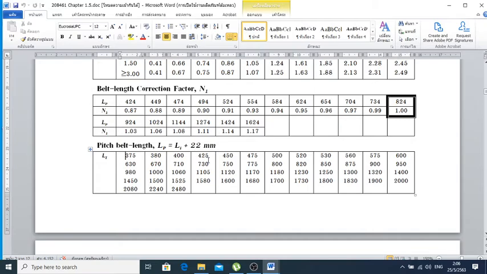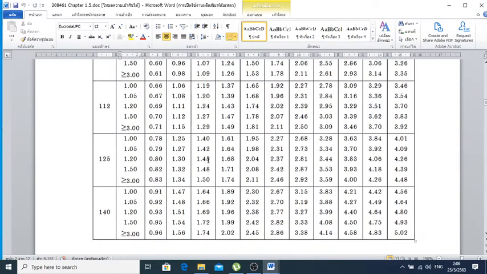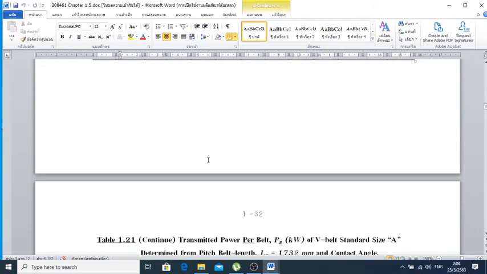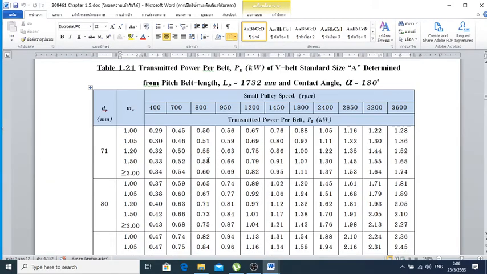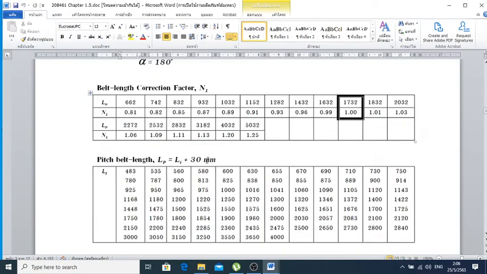This is the same, but the characteristics are different. For the A size, for instance, N1 references 1732 for the L sub P, and L sub P is determined from L sub I in every 30 millimeters.